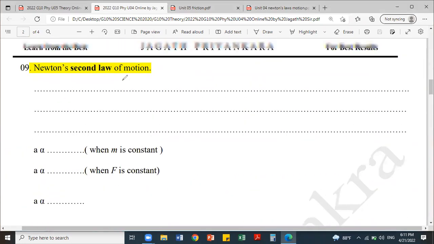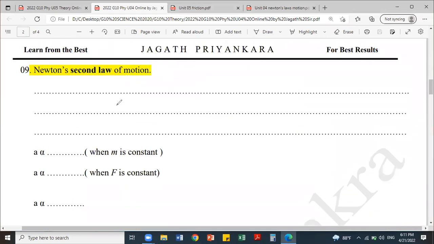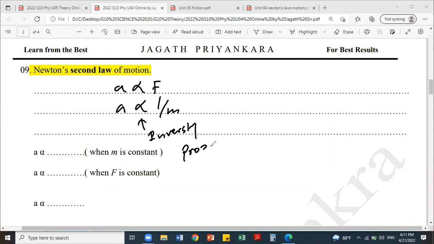And then Newton's second law: acceleration is directly proportional to the unbalanced external force, and acceleration is inversely proportional to the mass. Inversely proportional means when one increases, the other one decreases.